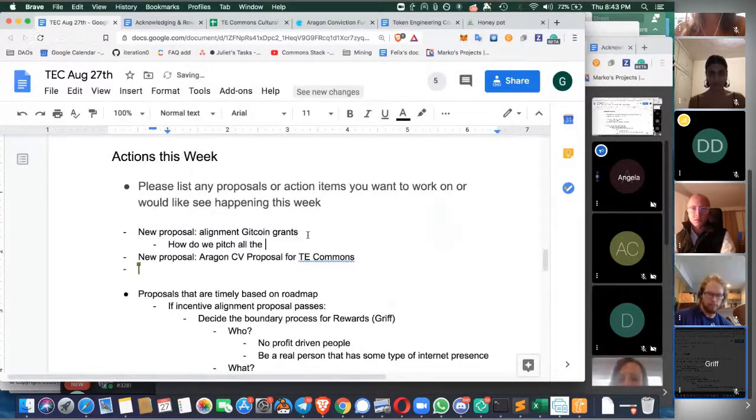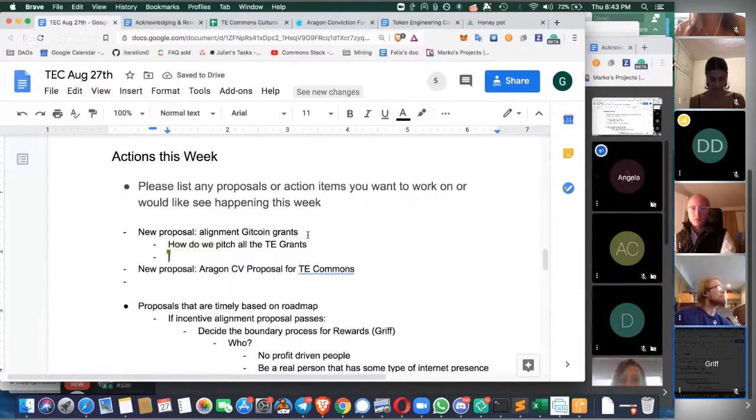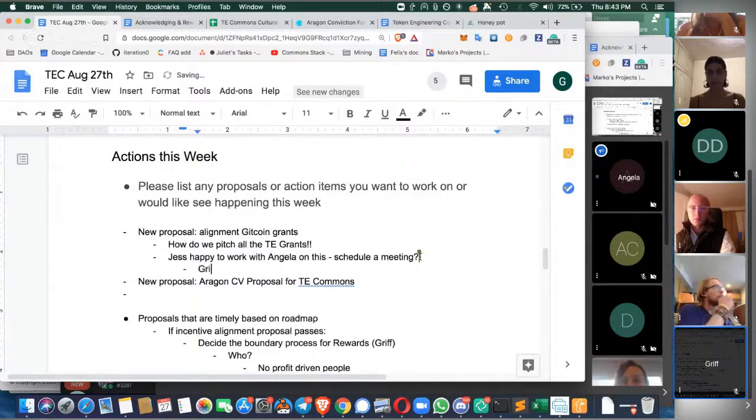I'm just trying to look from outside and see, okay, is it a good idea to have a lot of token engineering grant proposals on Gitcoin grants, or rather combine it all in one and have a stronger value proposition? I'd love to have your opinion on that. And then, of course, we need to see how we will promote it and communicate it.